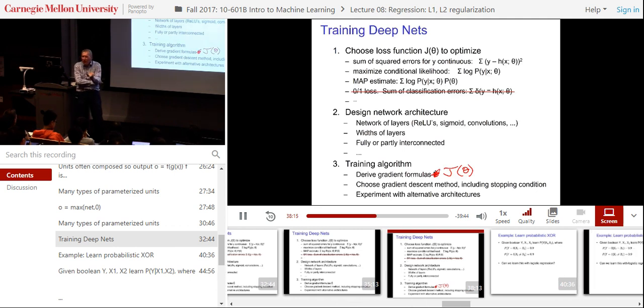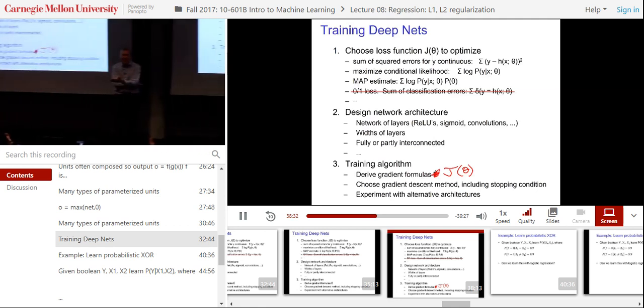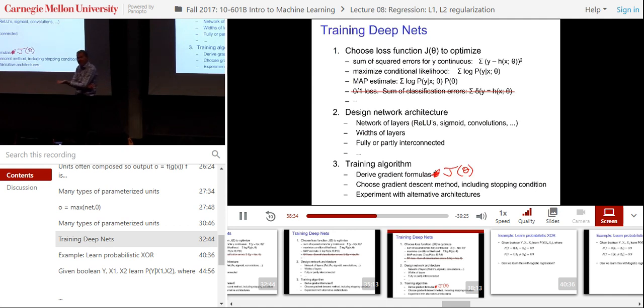Which one of those you want to use is a function of two things. One is computational cost, because training some of these networks can be very expensive if they have millions of parameters. And second, generalization, how well they generalize beyond the data.